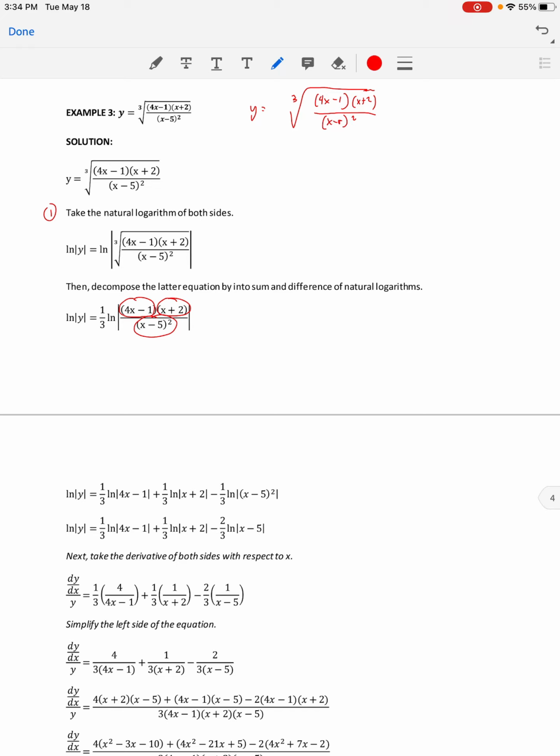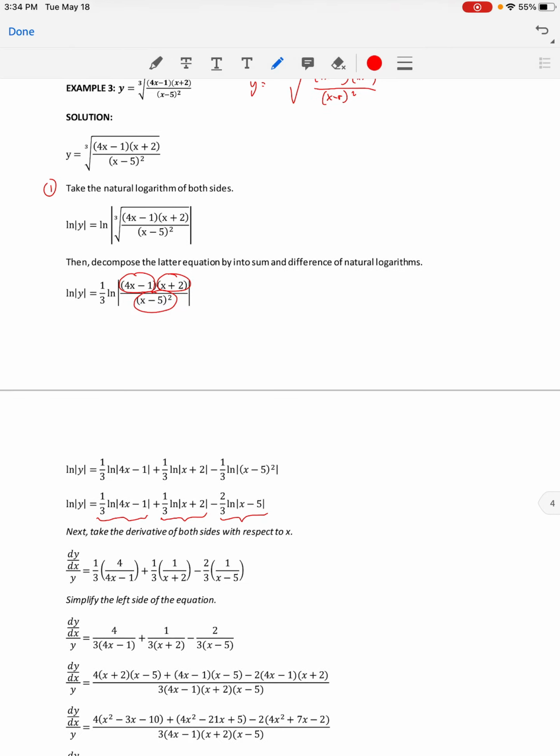So basically, mao na ang nahitabo diri. So naka-decompose na siya. Mao siya ang gina-describe sa term na decompose.